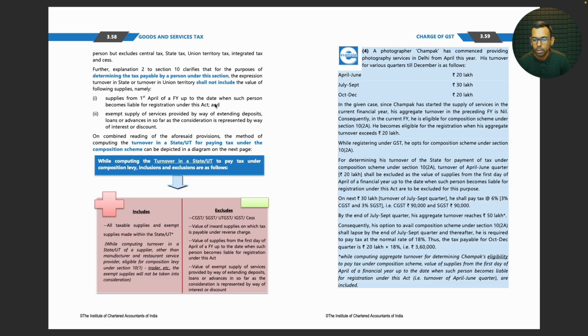Okay, just now I was talking about this. And exempt supply of services provided by way of extending deposits.